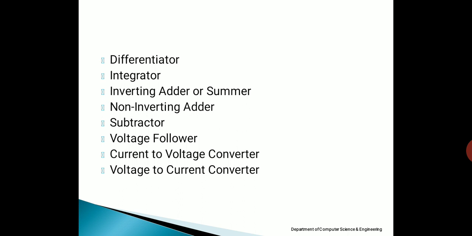We can use op amp as a voltage follower wherein the output voltage follows the input, and we can also discuss how op amp can be used as a current to voltage converter or voltage to current converter. As already told, in this class we will be discussing the first two applications, that is how op amp can be used as a differentiator and as an integrator.